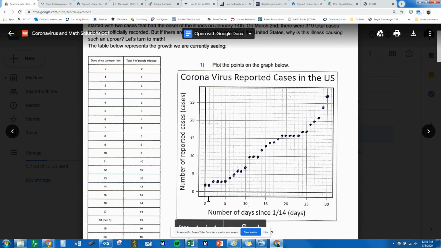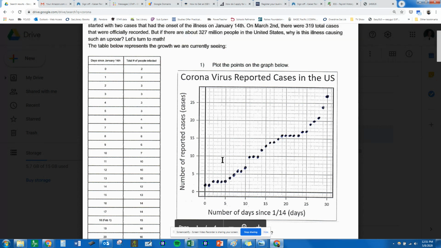I can't annotate on this screen, but what we would want to do, and what we're learning how to do, is imagine you took a string of spaghetti and you put it all the way across this graph.